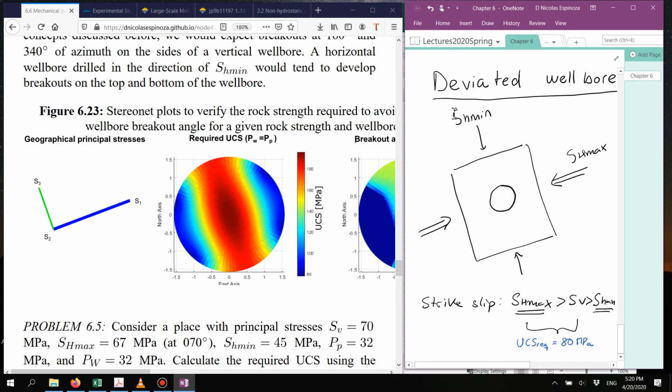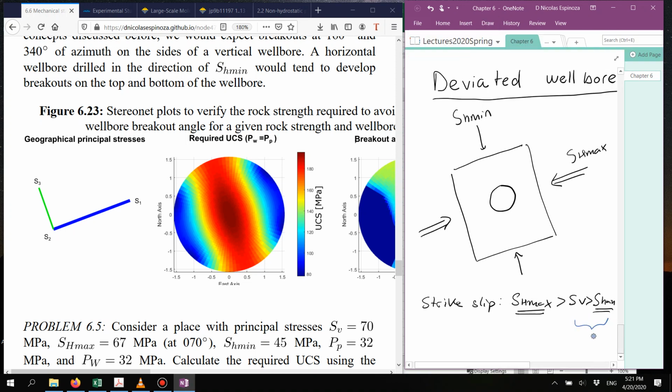So a wellbore, let me say this again. A wellbore that goes in direction of S1 is going to combine the stresses of the vertical stress S2 and SH min. Small mistake in here. Fortunately, I caught that on time.